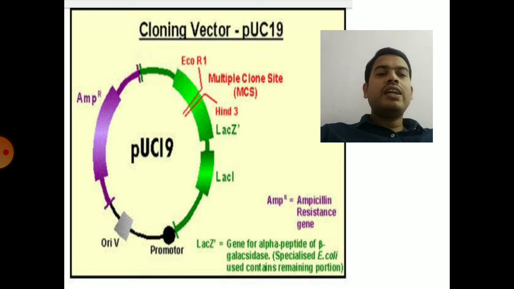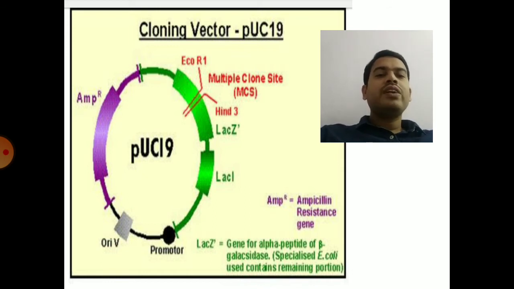Like that, based on color, you can select the foreign DNA containing cells and non-foreign DNA containing cells based on the LacZ gene disruption. Whereas you can identify the transformed and non-transformed cells based on ampicillin resistance. So first you will isolate the transformed and non-transformed cells based on ampicillin resistance.